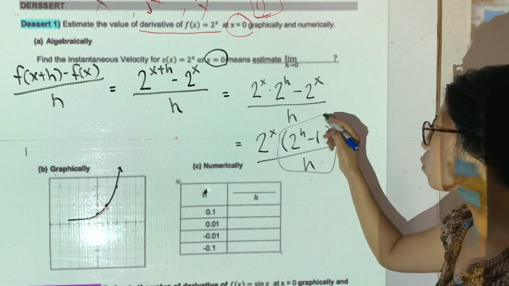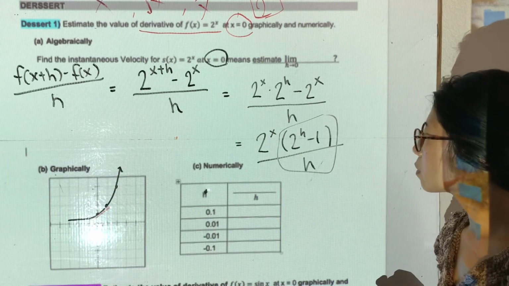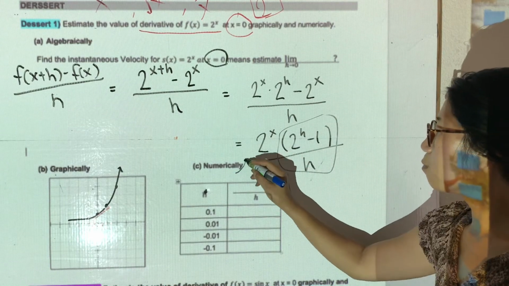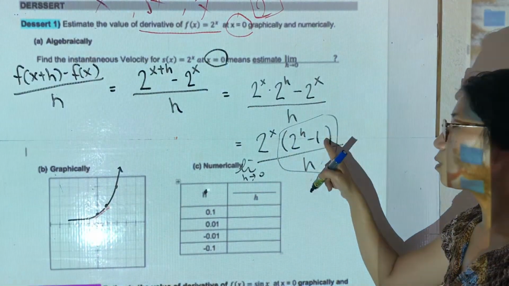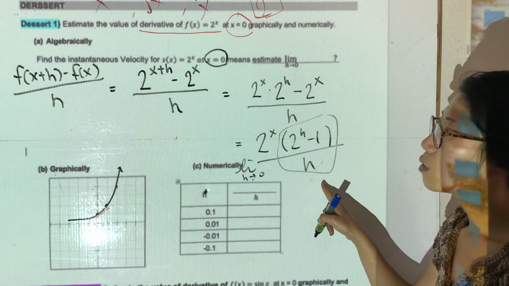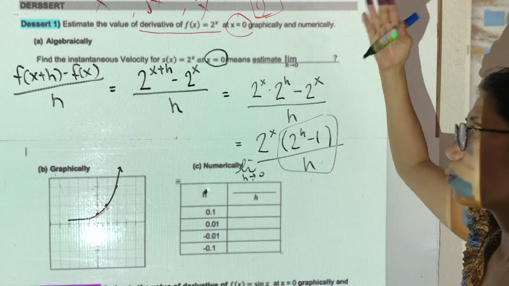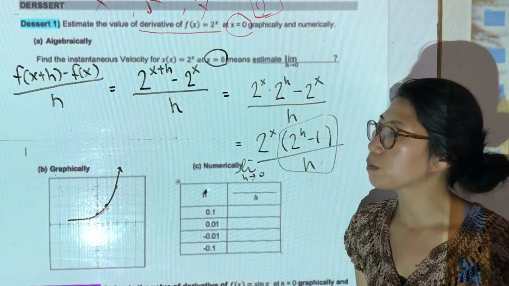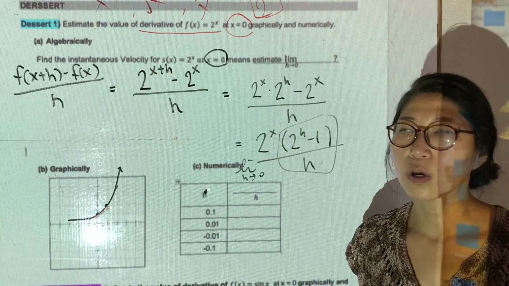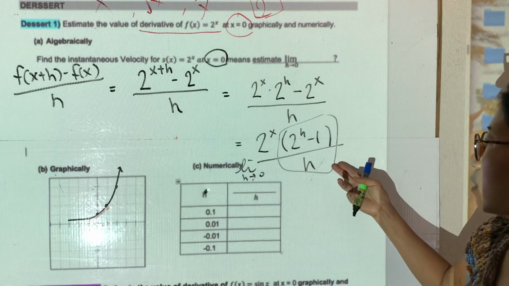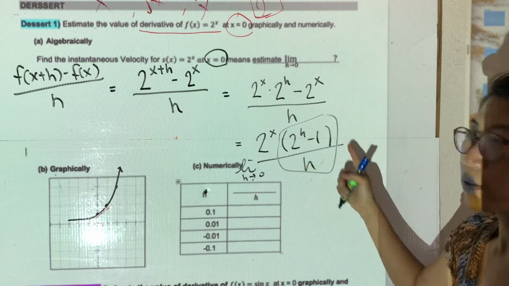However, do I know what to do about this part? Can I make the h go away? If I plug in here, it's not going to work. That's why before we manipulated our equation by multiplying by the conjugate or making common denominators. However, in this case, I cannot get rid of this part.